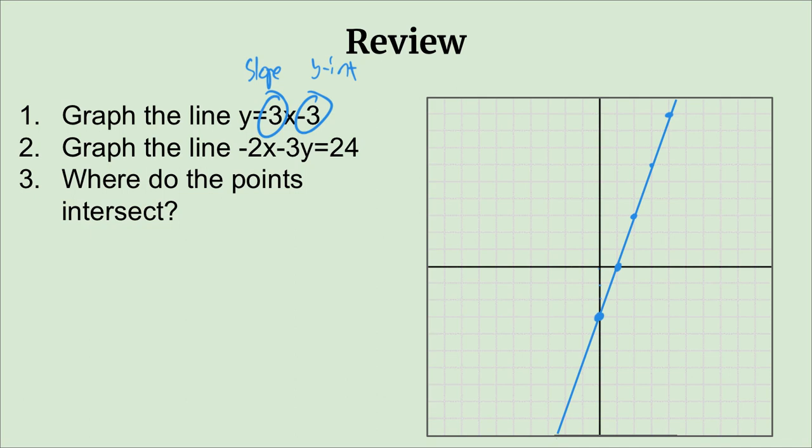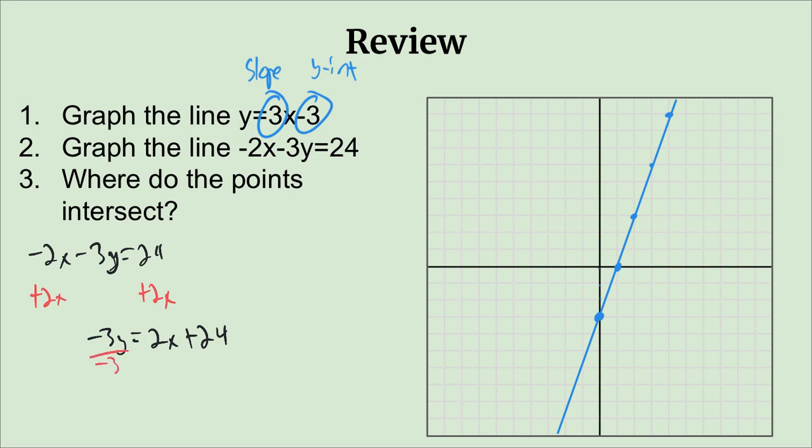For the second one, we need to put that into slope-intercept form, which means solve for y. So we take that equation, negative 2x minus 3y equals 24, and solve for y. We add 2x to both sides and get negative 3y equals 2x plus 24.